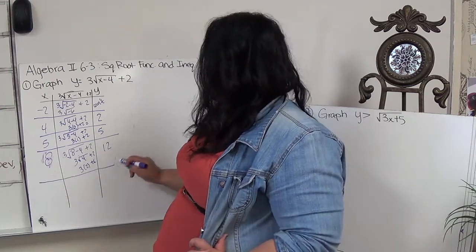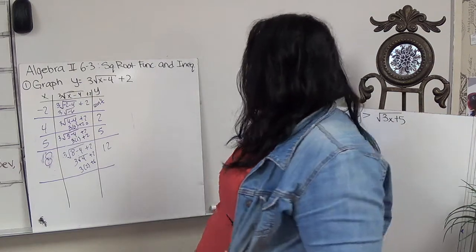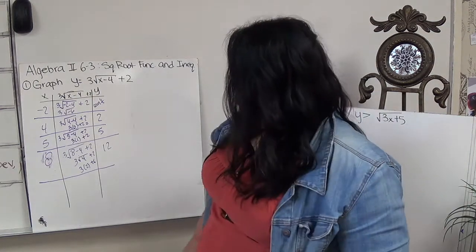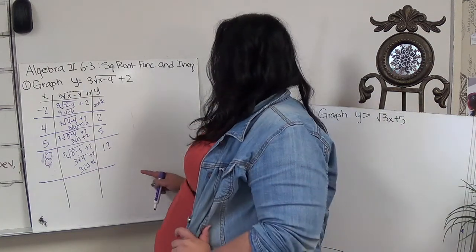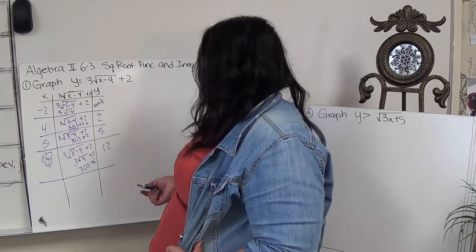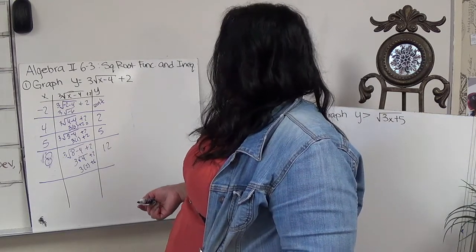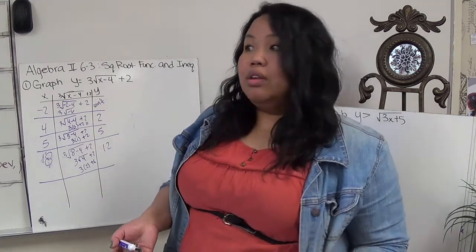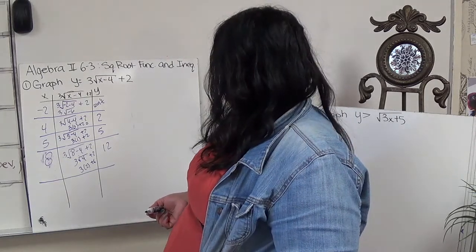Let's just do one more. What's another perfect square? It is 9, I guess. So what makes 9? 13.